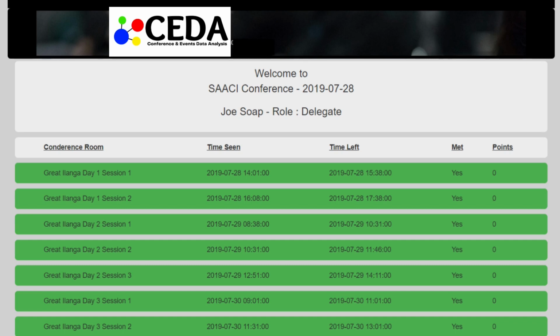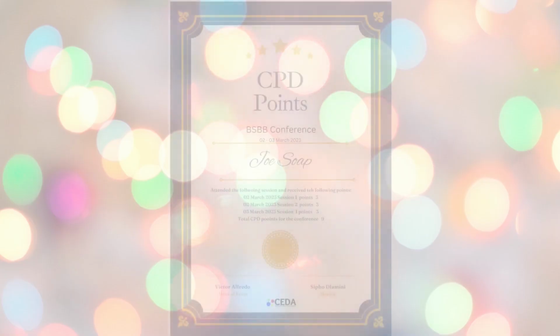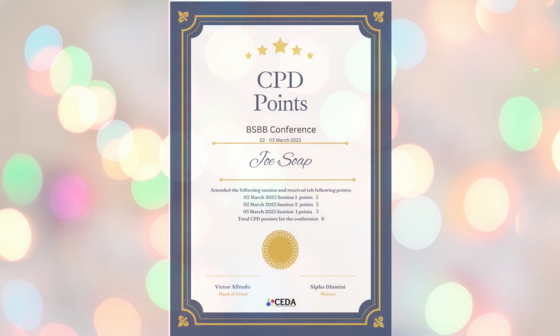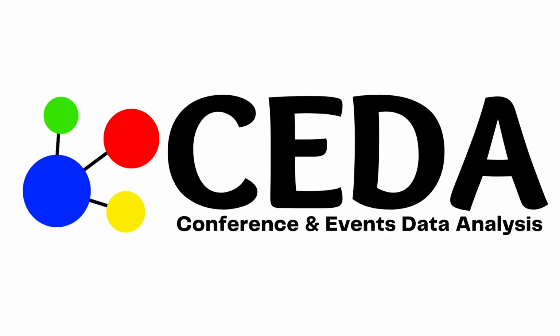Here they can see the points that are issued to them, session by session. They can adjust their profile if needed, and they can download their CPD point certificates after the event. They also have access to their data from any previous event monitored by CEDA they attended in the past.